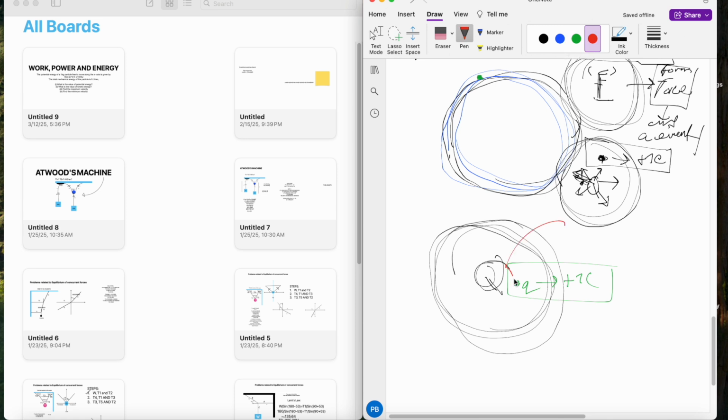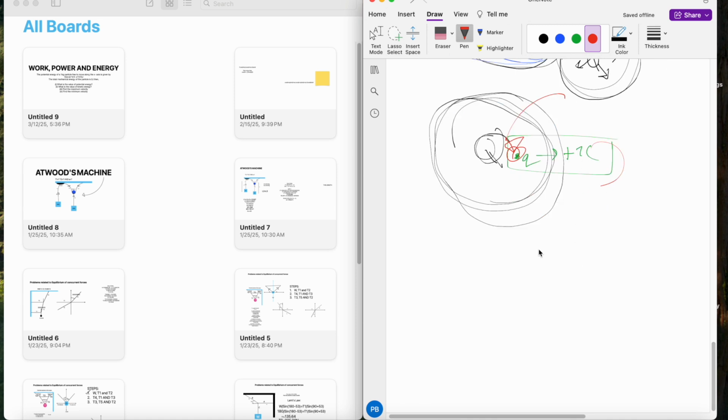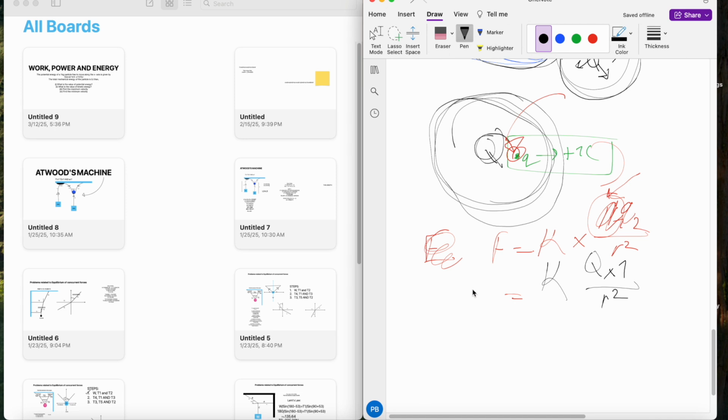So this point charge consists of 1 coulomb charge, and this is the q total. So if we say that force equals k multiplied by q1 q2 over r square, let's assume that q1 is the central charge, and that tiny little object consists of 1 coulomb, with r square and k, and distance, as E.